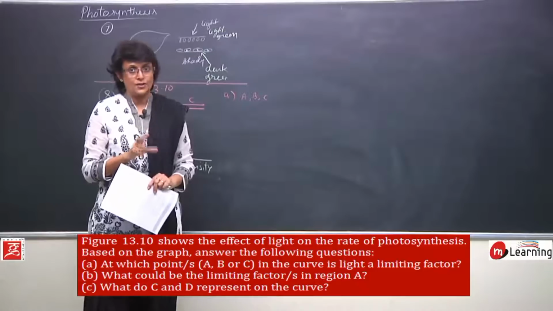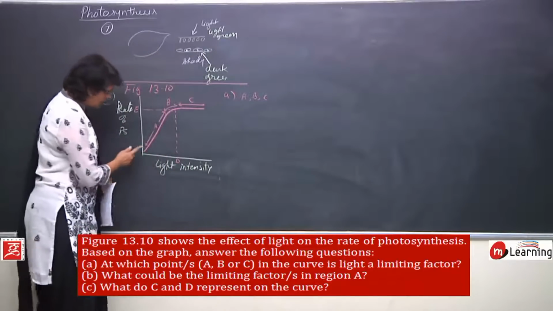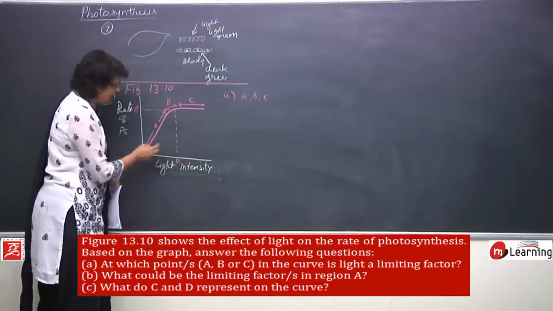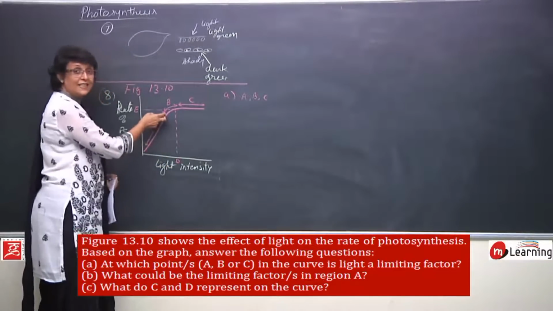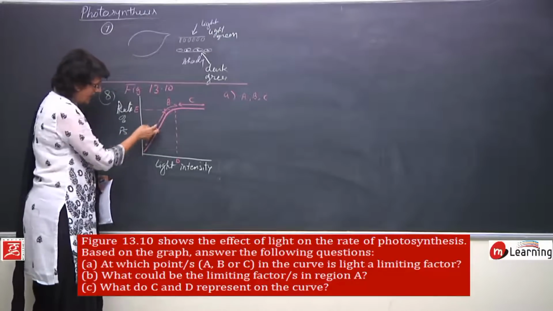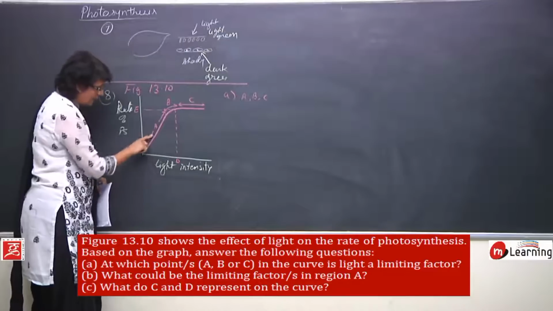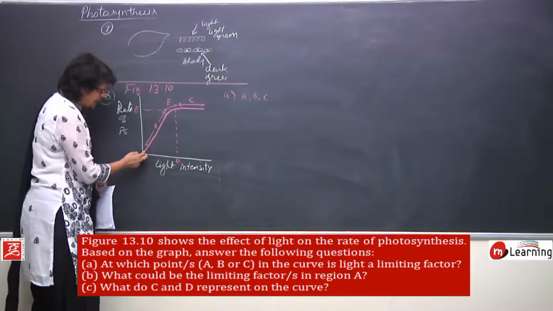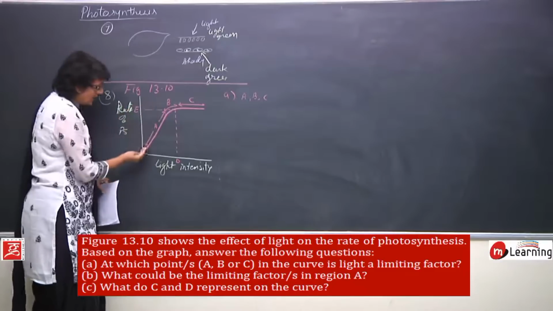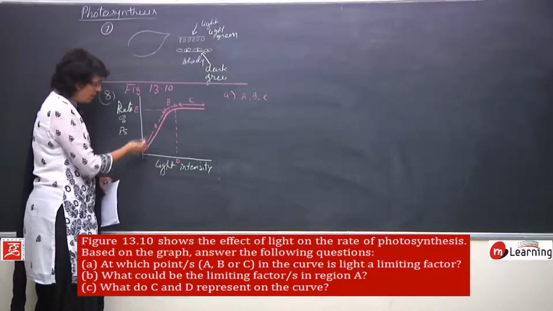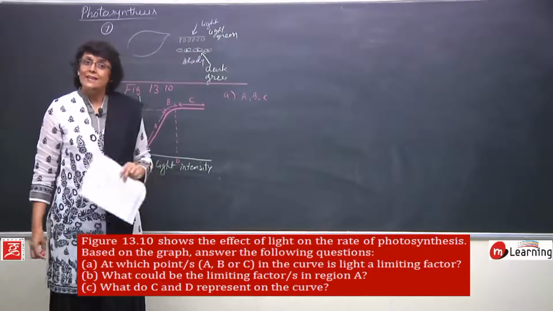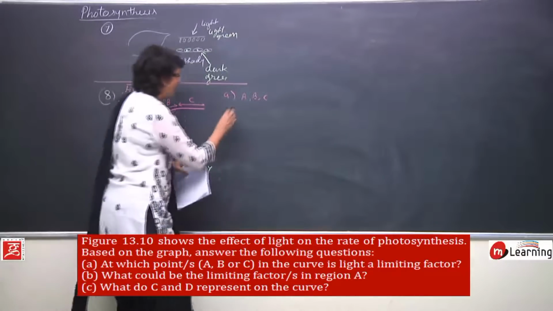and that is the one which is going to affect the rate of the reaction. Now, if you see this rate of reaction with increasing light intensity, it is not increasing much. So anywhere in this A segment, the rate of reaction otherwise should go up like this, but it is gradually, slowly going up. So anywhere in A, we can say that light is the limiting factor.